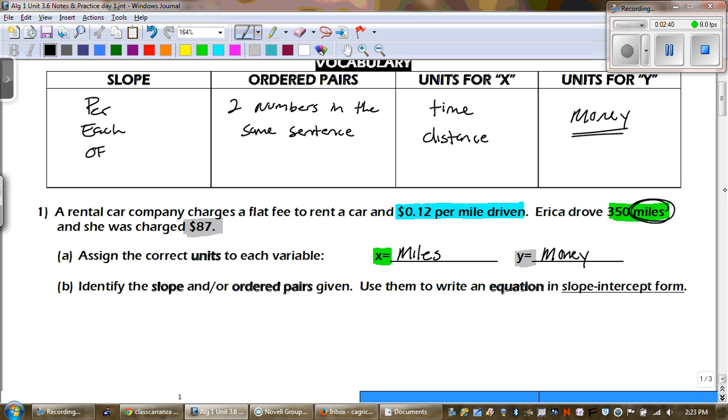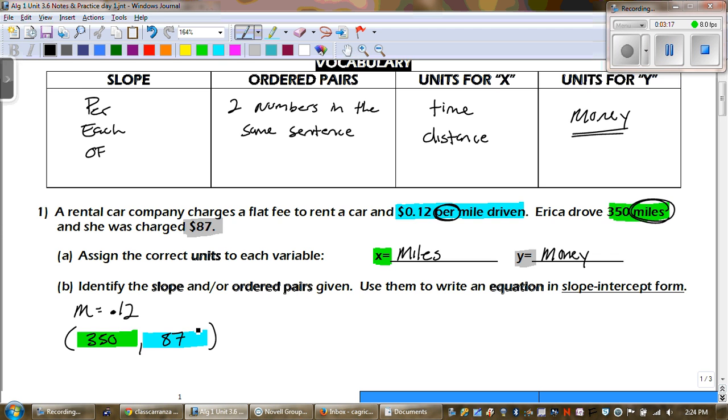Now when I'm looking at this, I have my x and my y, and that's going to tell me the two things that we need, because B tells us to identify the slope and/or ordered pairs given. My slope: per, that is our slope, 0.12. My ordered pairs are always x and y. We know that the x is 350 because those are the miles and the y is 87.